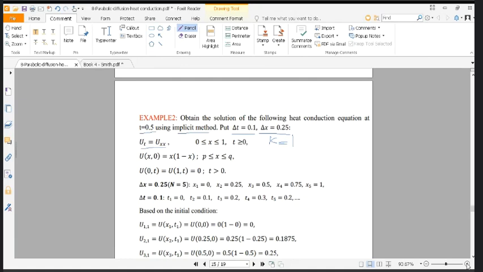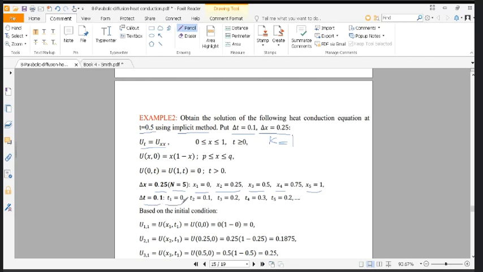Okay. And we have delta x 0.25 and then n is equal 5. x1 is 0, x2 0.25, x3 and x4, and finally x5 is 1. Delta t in this example is not 0.05, it is 0.1.